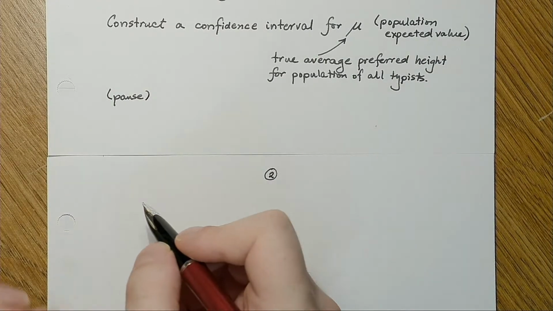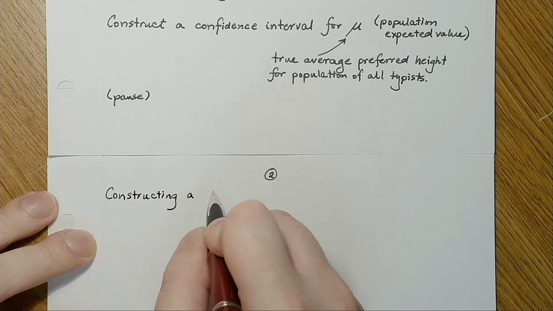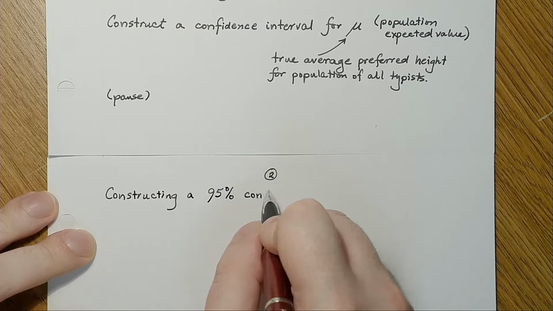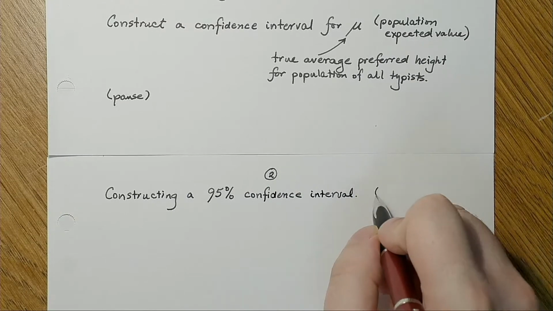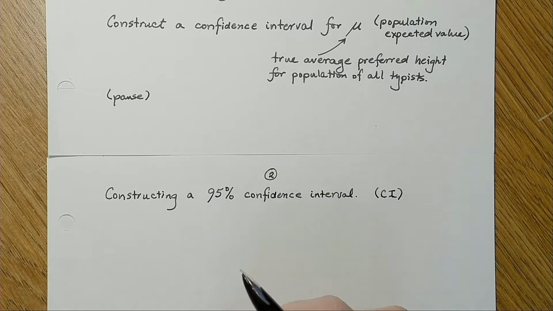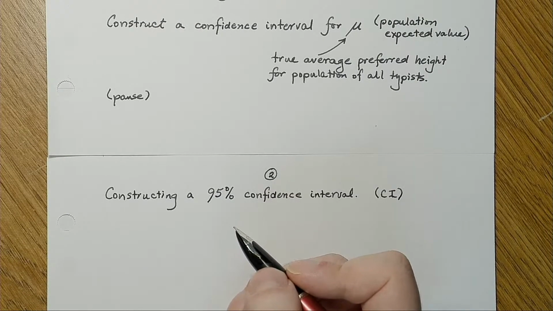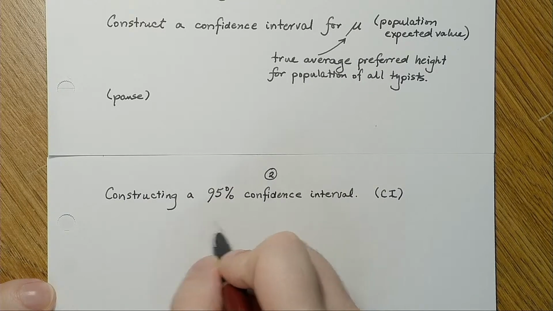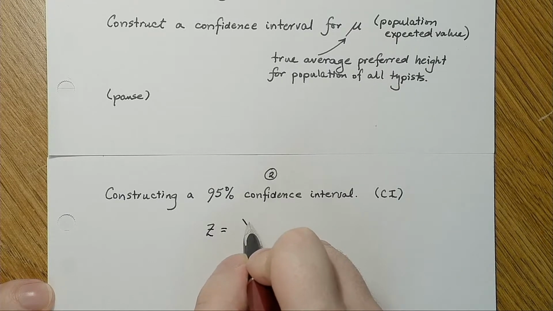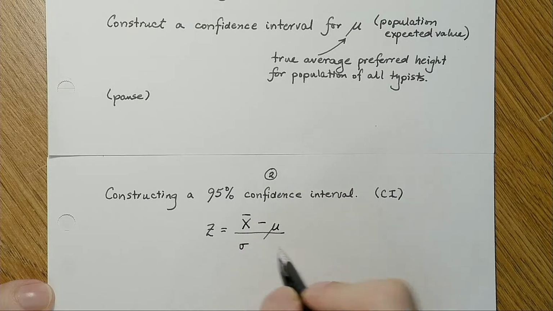So we're going to construct a 95% confidence interval, which they'll sometimes abbreviate as CI. We're going to base this around the normal distribution, and on top of that, make this based on the standard normal. So we're going to start off with the standard normal, which is Z, x bar minus mu all over sigma.